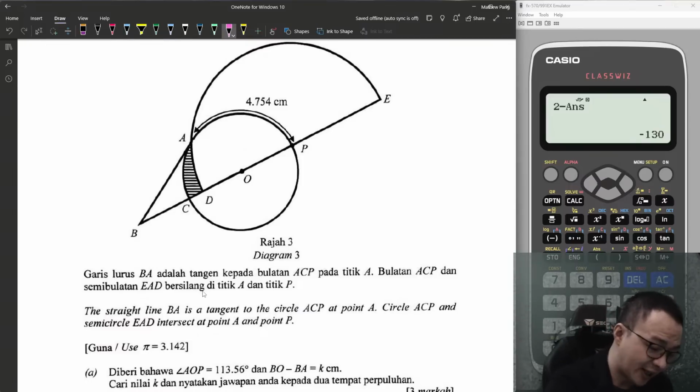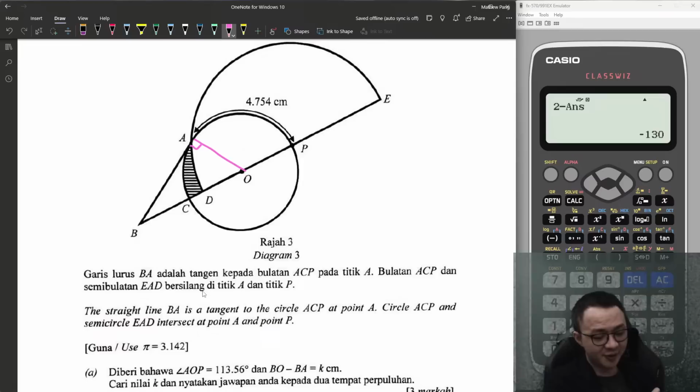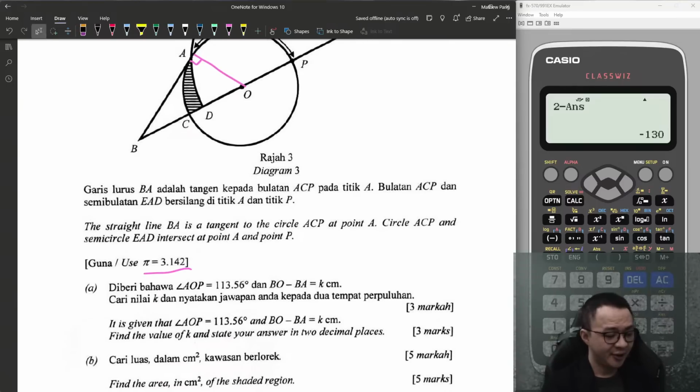I like tangent because it tells me it will be perpendicular to the center. Circle ACB and semicircle EAD intersect at the points A and P. Use pi as 3.142 as the question mentioned.